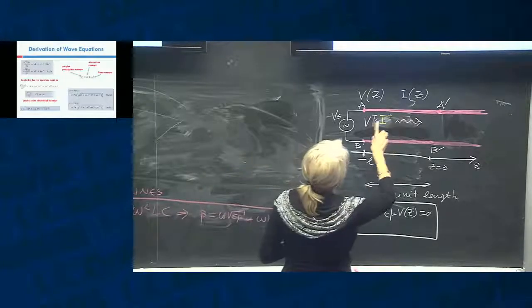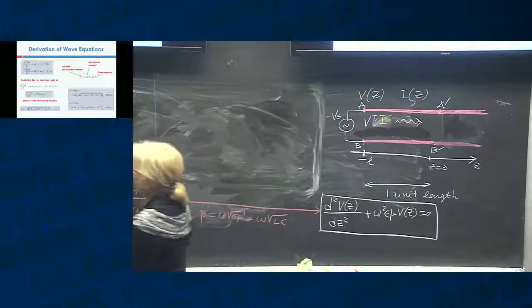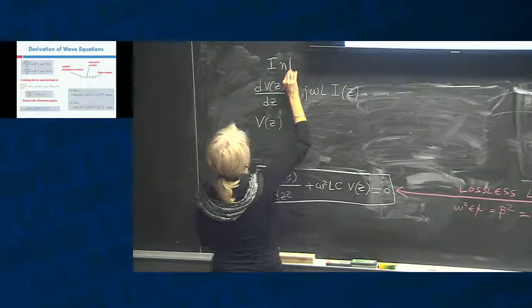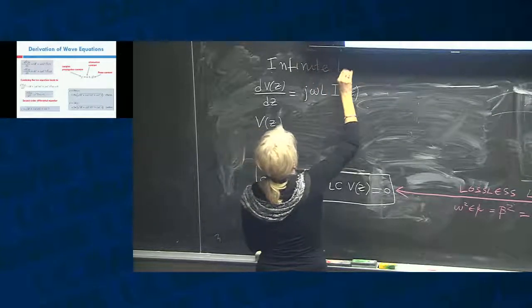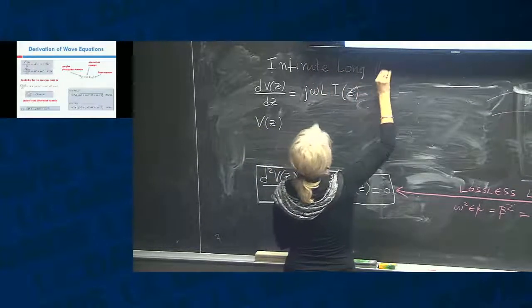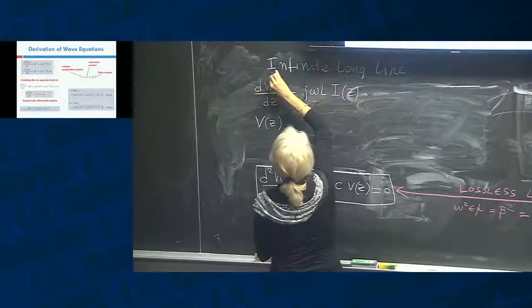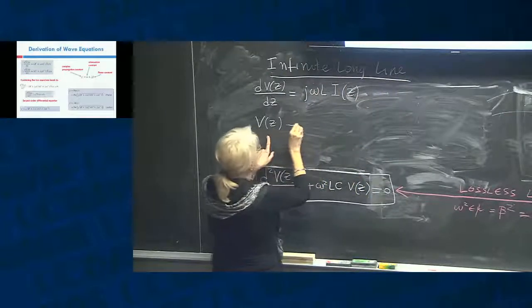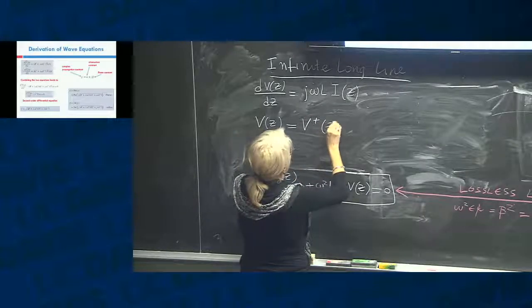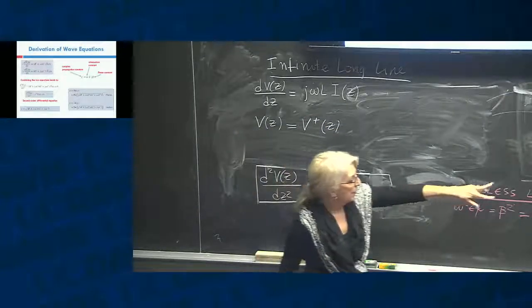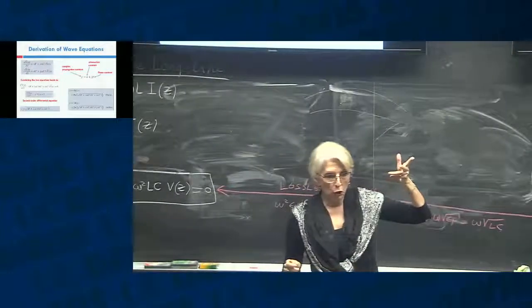So only these two exist, which means in an infinite long line, V(z) is only the positive part of it. Do you remember what I said? These are two possible solutions.